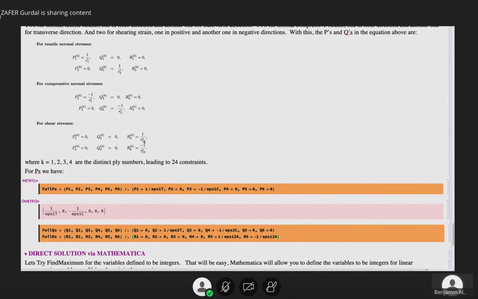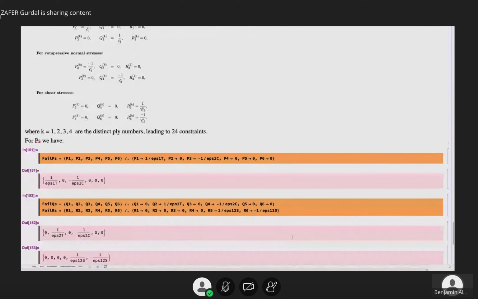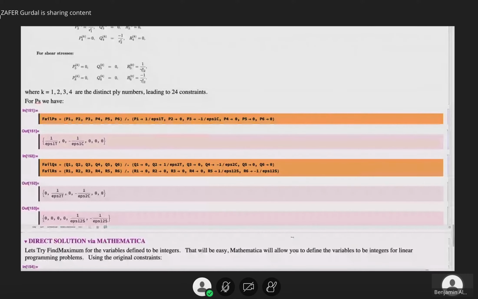Actually, I called it S, so instead of A, I might as well call this shear. The other one being tension compression, and this is shear. Okay, so these are the Q's and R's given there.